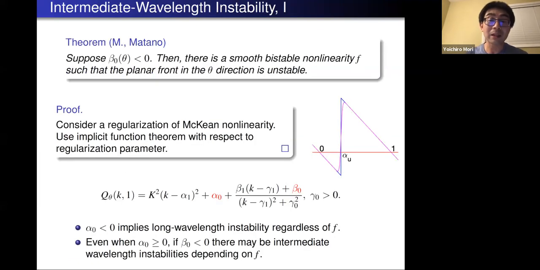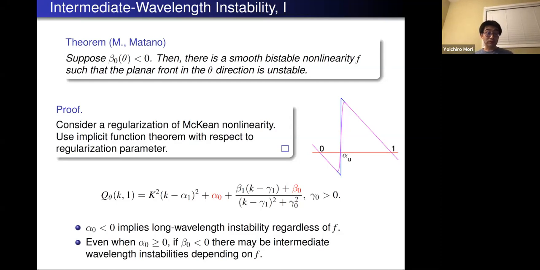The McKean nonlinearity is discontinuous, but we can show that if the nonlinearity f is sufficiently close to the McKean nonlinearity, like the pink line here, then the same conclusion holds. If beta zero is negative, then there is a smooth bistable nonlinearity, essentially one that is very close to the McKean nonlinearity, so that the planar front in that direction becomes unstable.